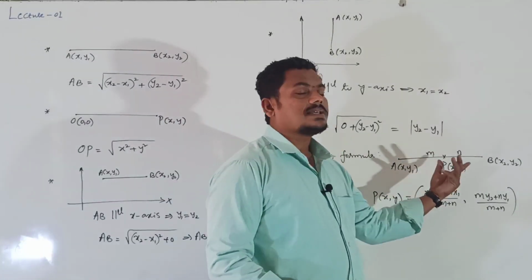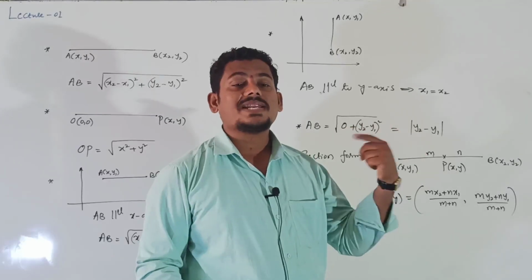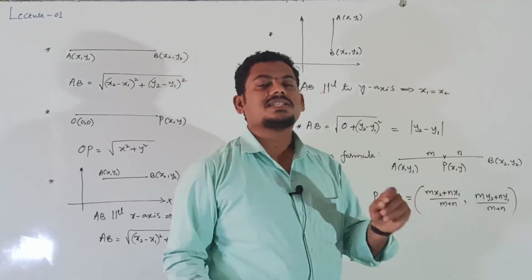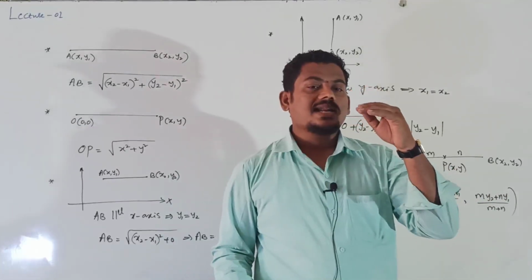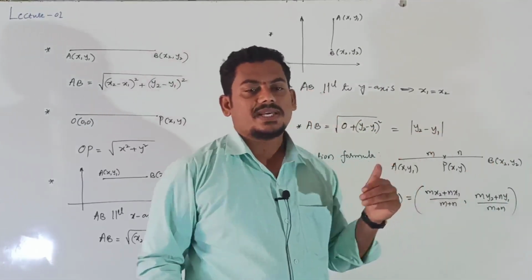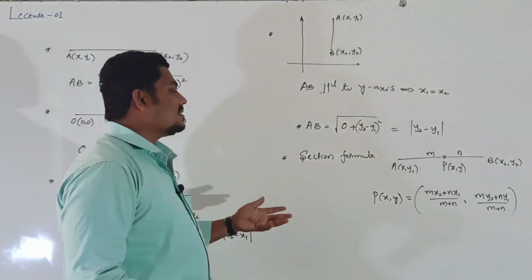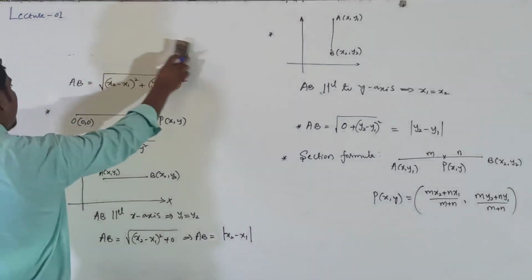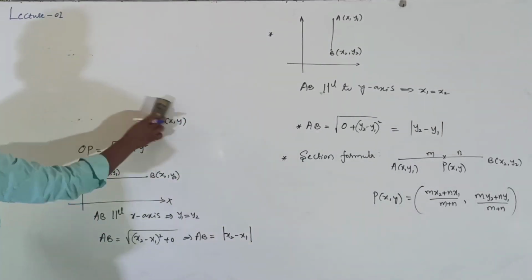Internal division means the point lies in between the given two points. P is in between AB, means it is internal. Internal means it is in between A and B. And similarly the section formula for external division, whenever the point lies outside points A and B, right?